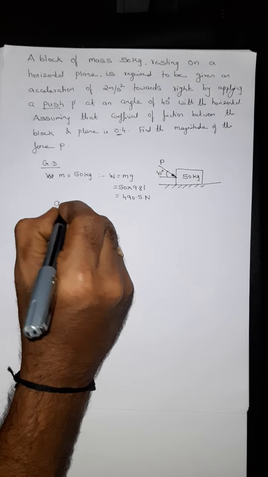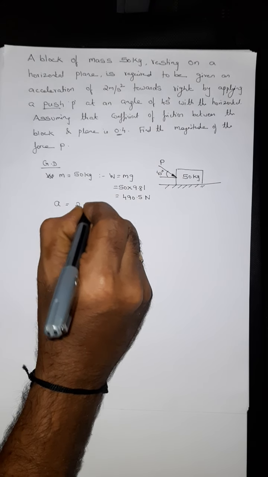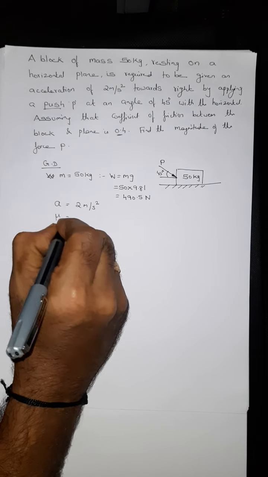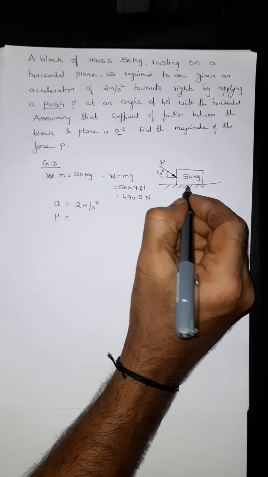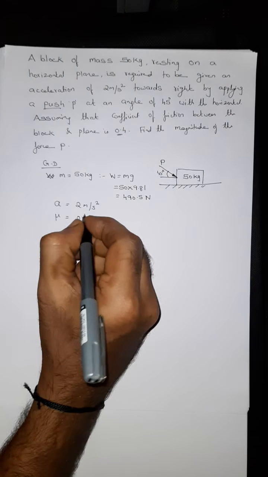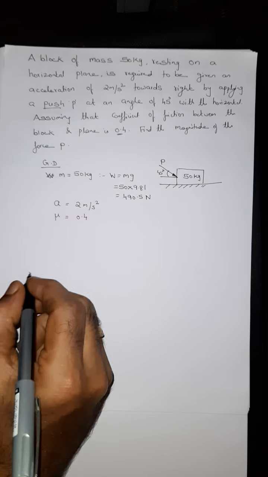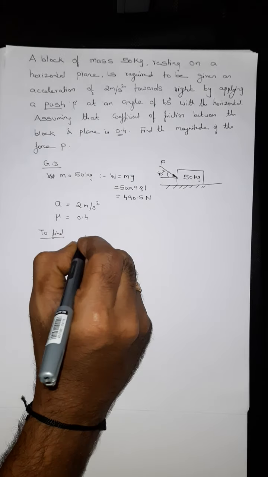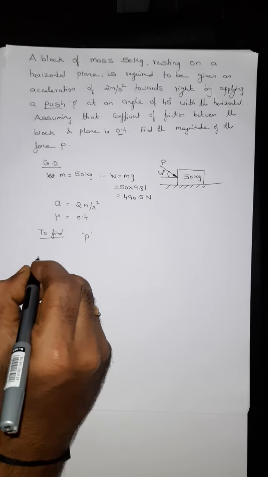And the acceleration is 2 meter per second square, and mu between the block and the plane is 0.4. Right. To find the magnitude of force P. Solution.